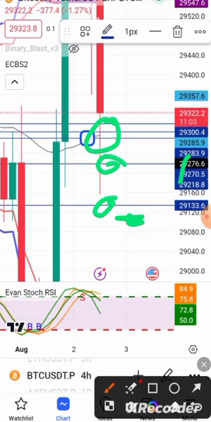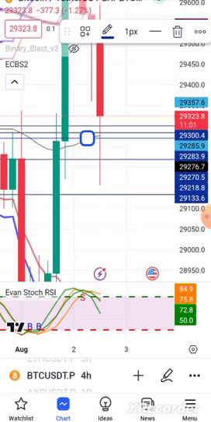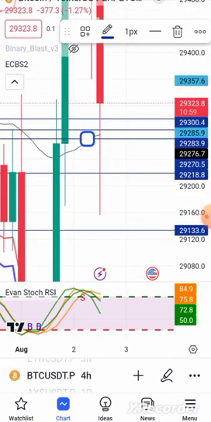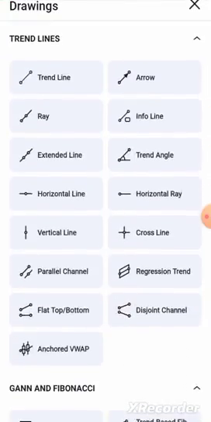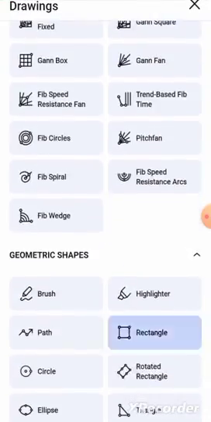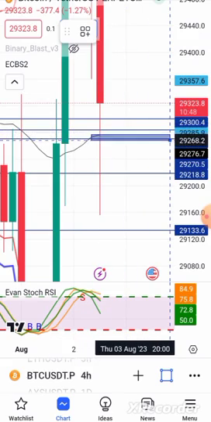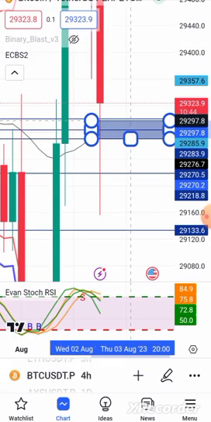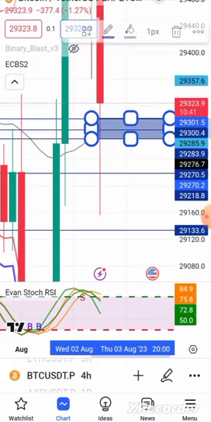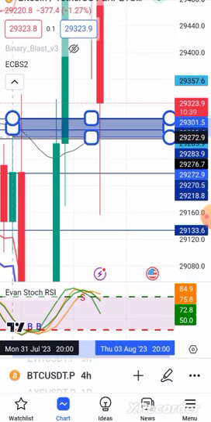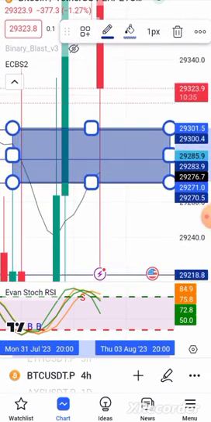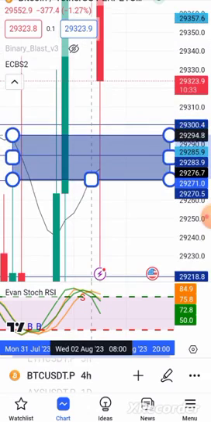I've given you what you need to know on this channel. So let's look at this before I round up. If you see, here is a very, very strong support zone.